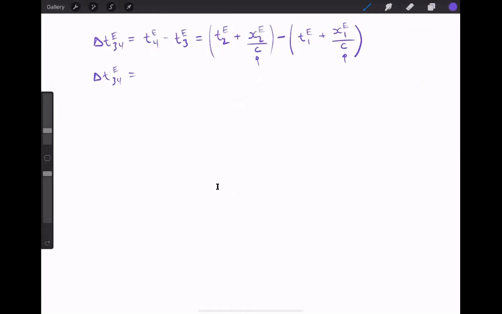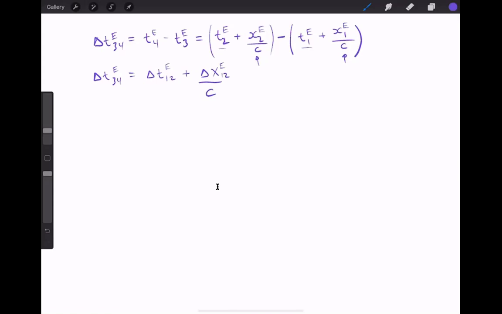Yes, thanks. All right. So now that we have that, I can rewrite this because this one minus this one, what is that? That's delta T on Earth, 1 and 2. And then this one minus this one, well, that's just delta x on Earth between 1 and 2 divided by the speed of light.